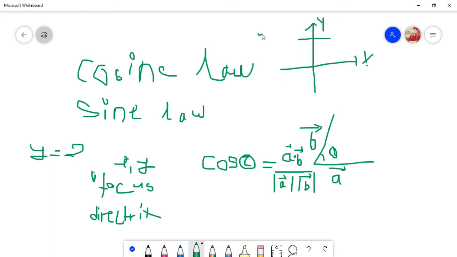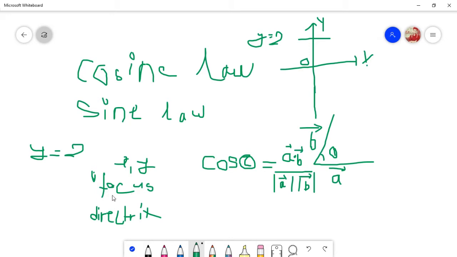This is the directrix y is equal to 2, and the parabola lies at the origin 0. I have already told you that the parabola passes in between, through the points which are at the same distance from this and this.